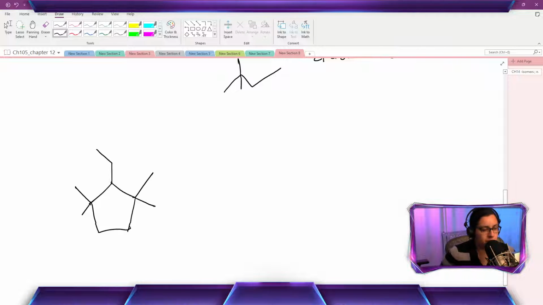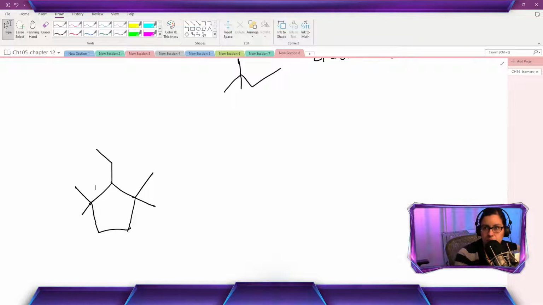What is the name of this compound? Put on some thinking music too.